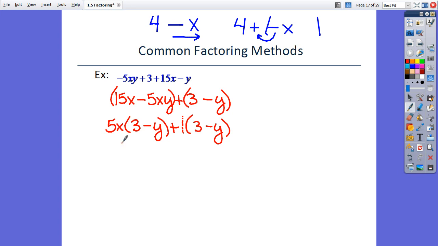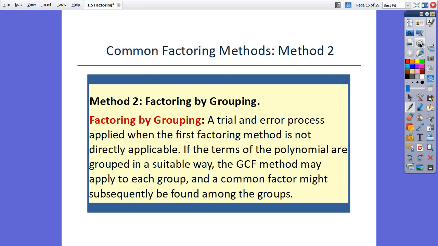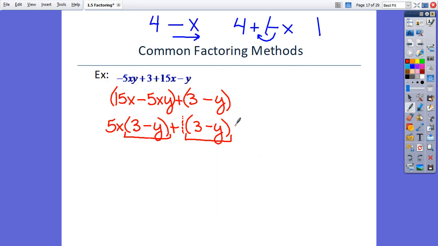Because now what we want to do is notice that in these two terms, the bubbles are the same. So think back to the problem we just did a little bit ago with a GCF. So let me backpedal a little bit. That one right there. When the bubbles match up, that's a GCF. So we can factor out the bubble. And so we're going to take the 3 minus y. Sorry, pen didn't work very well on that one.